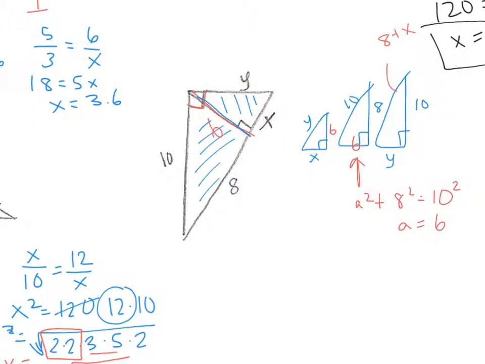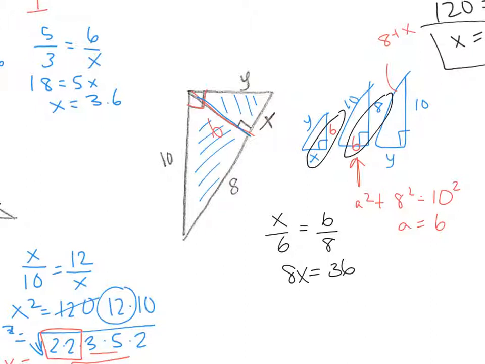Now I can plug that in right here. So try to do the Pythagorean theorem if you can. If you have two sides of a triangle, you can find the third. Now I can do this proportion as x is to 6 as 6 is to 8. So 8x equals 36.